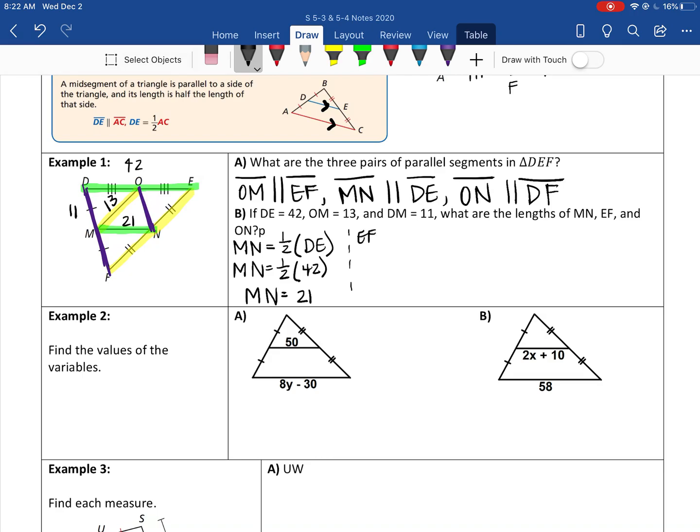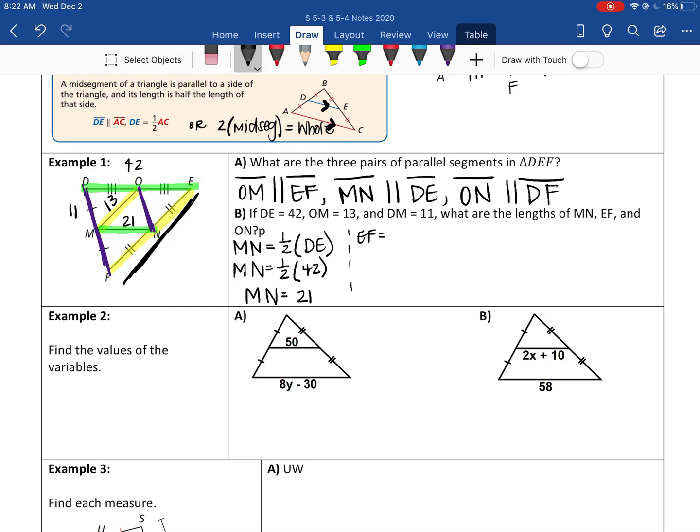Next, they want us to find EF. EF is the long piece of your yellow relationship. MO is parallel to FE, and we know that your midsegment MO is half the length of the whole thing, or double your midsegment is equal to the whole thing.